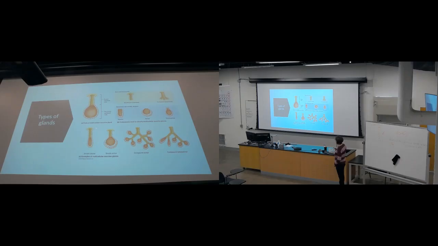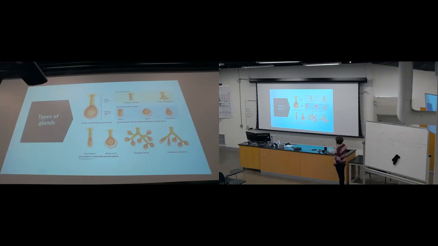Why? Because you only have one duct, and then the ending is a tubule. And in this case it will be simple acinar, because you only have one duct, and the ending is round. And in this case it will be compound acinar, because this duct splits, and then acinar, because the endings are round.